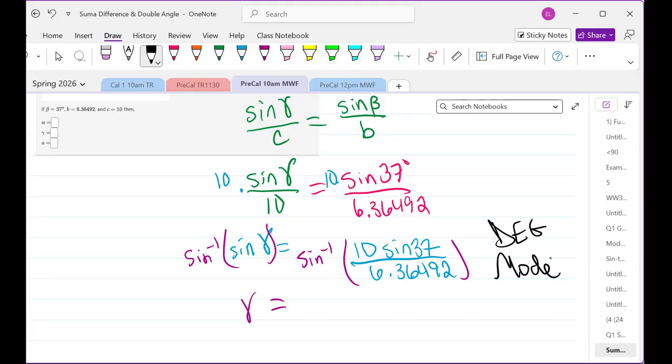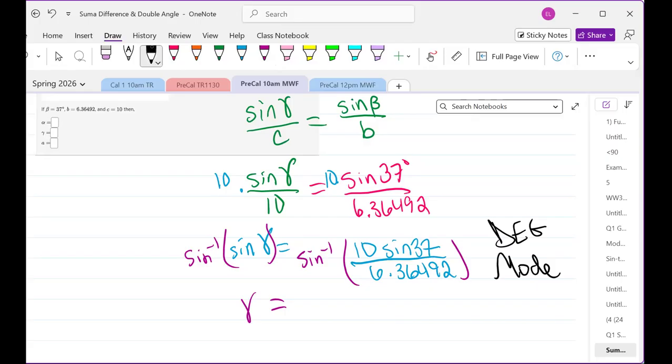Depending on where you are in the test, the order you do the problems, you're going to need to be in radians mode for the polar question, but you need to be in degree mode for the law of sines and law of cosines questions. All right, so I'm back in degree mode now.